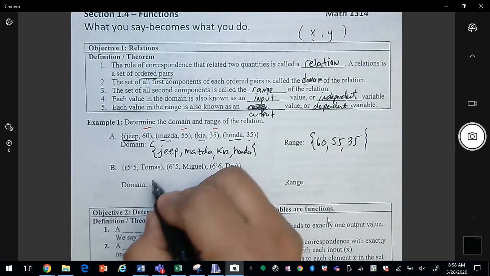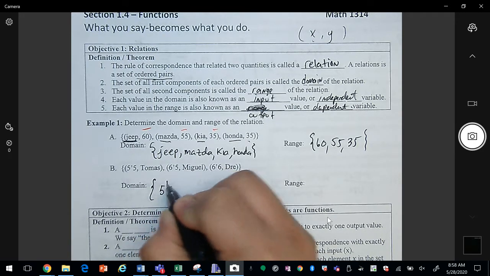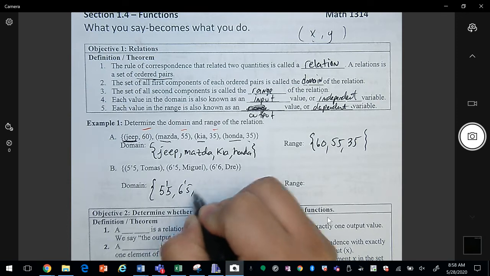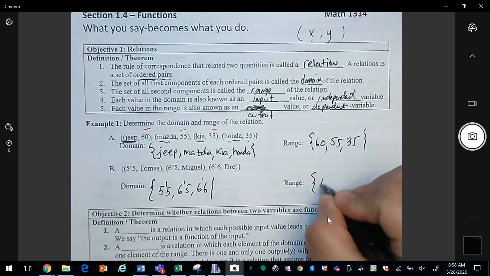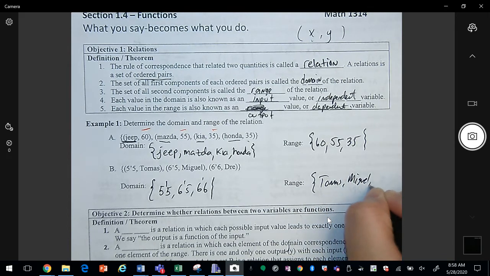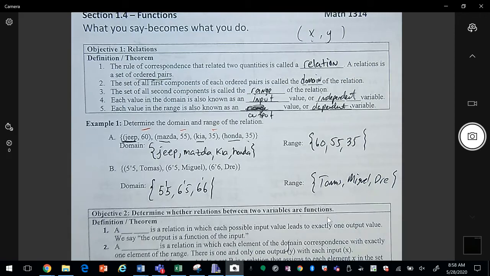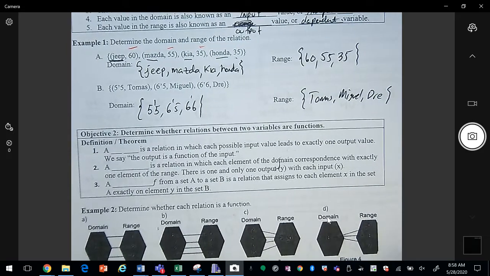Okay, letter B, the domain here would be the heights, 5'5", 6'5", and 6'6", and the range is the names, Tomás, Miguel, and Ray. So that is finding the domain and range given a relation.